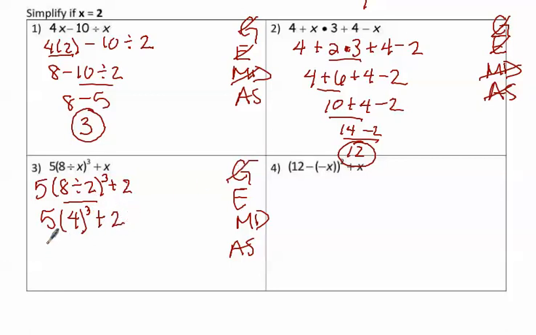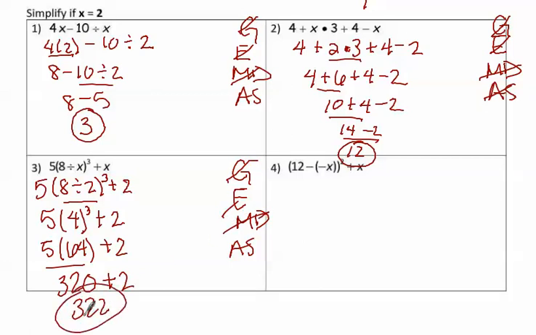Now you do exponents, and you say 4 times 4 times 4, which is 64. Now you're multiplying and dividing from left to right. 64 times 5 is 320. Plus 2 is 322.